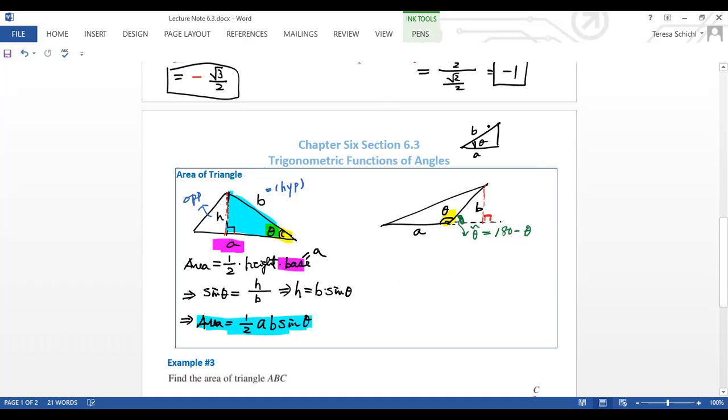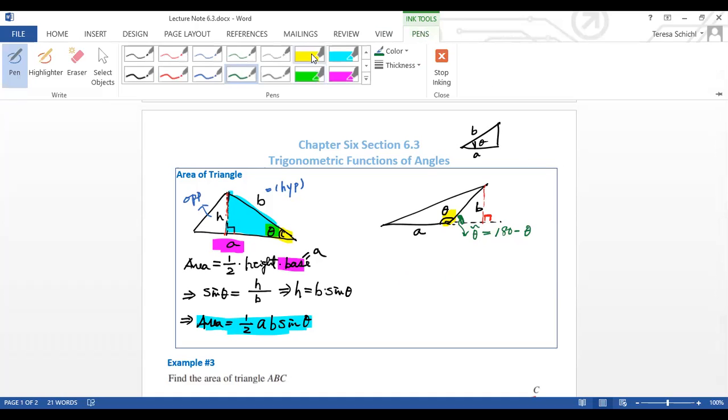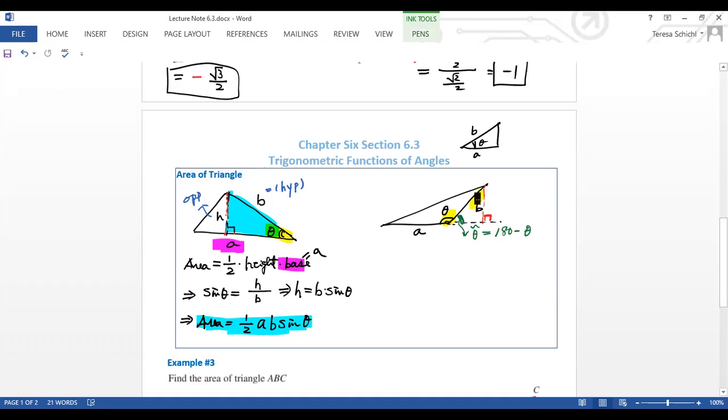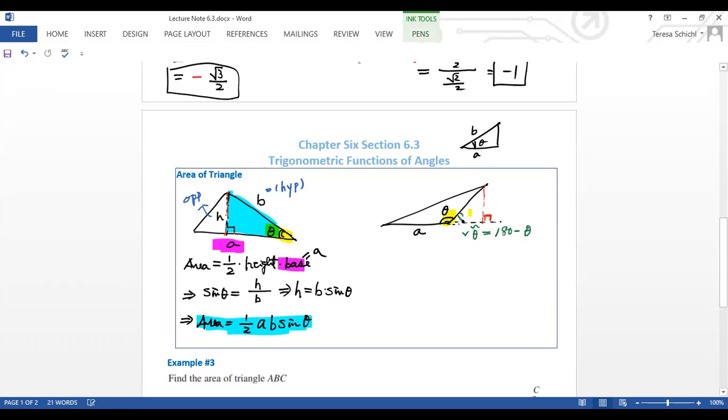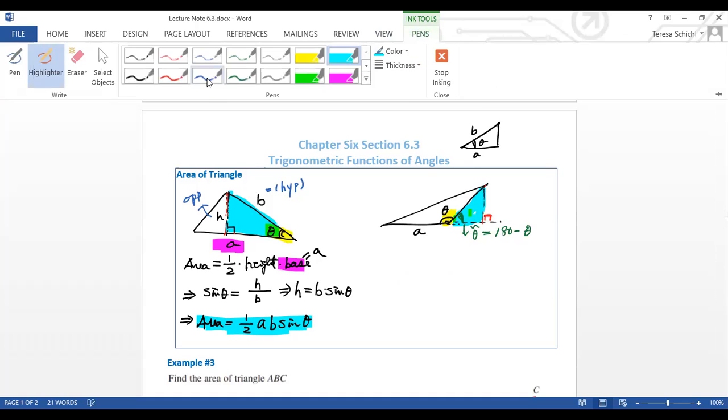Okay, so now take a look at this little triangle here. I'm using a different color. So for this triangle, where is the height?